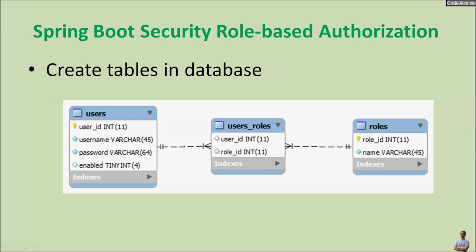So this is a table entity relationship. We will need 3 different tables to store the credentials and authorization information. The first table is a users table to store the credentials like username, password, and the second table stores the role names.